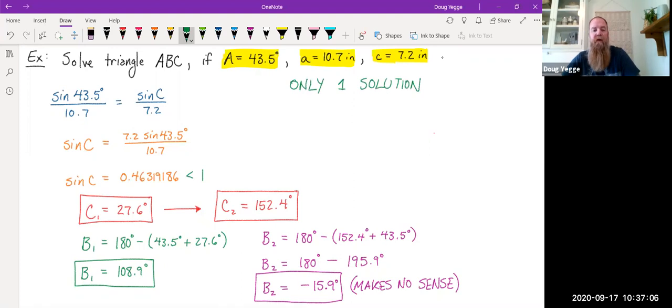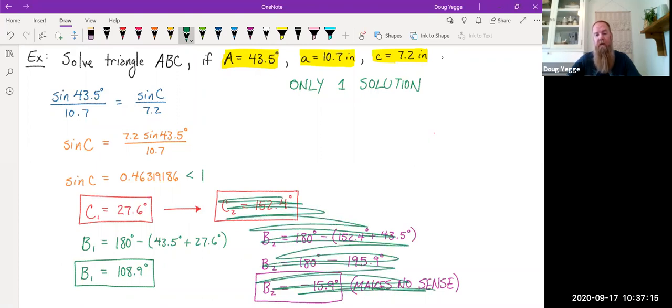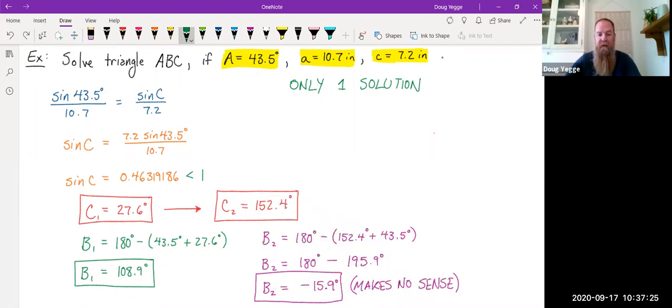So we still had to go through this process of determining if there was a second solution, but none of this work over here actually yielded one. So we're only going to deal with the information that we already have, which means the last piece of information we need is side B. We don't really need the subscripts anymore because there is only one solution.